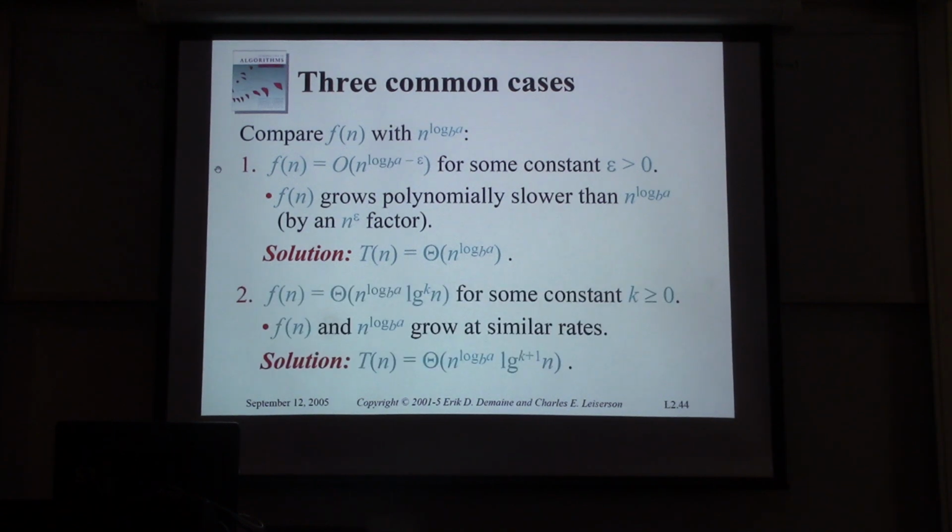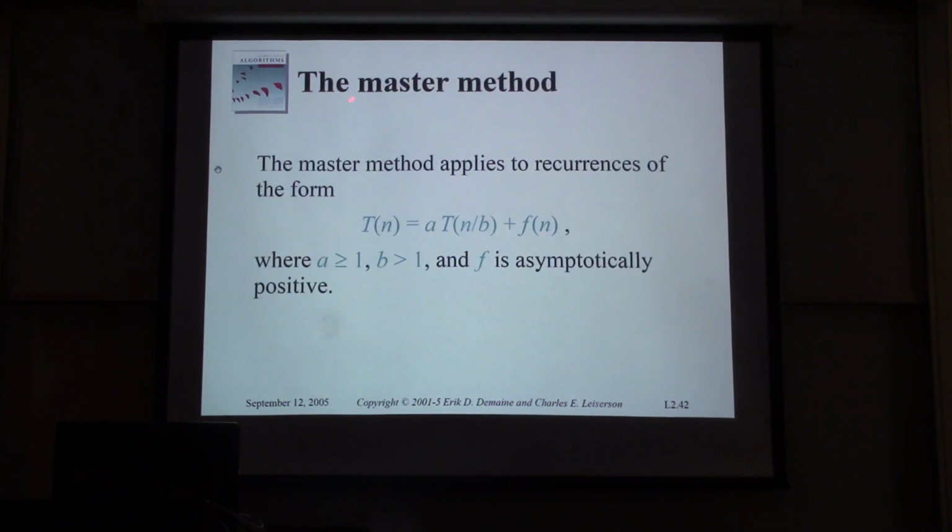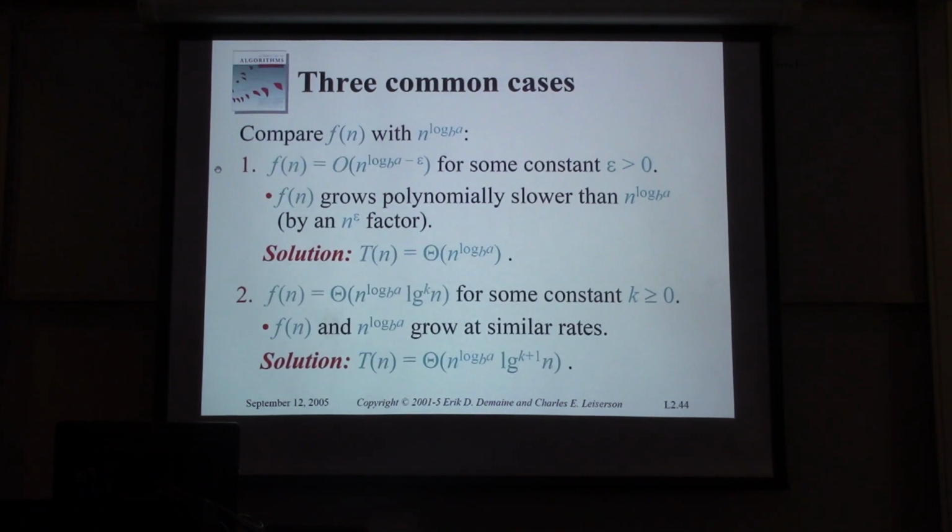Now, the second case is a little bit more strange. Again, we have to have this format, and the master method requires everything in that format. In this case, we again compare the actual work with n to the log b of a. We're going to notice that f of n, the actual work, is equal to theta of n to the log b of a times lg to the k of n.